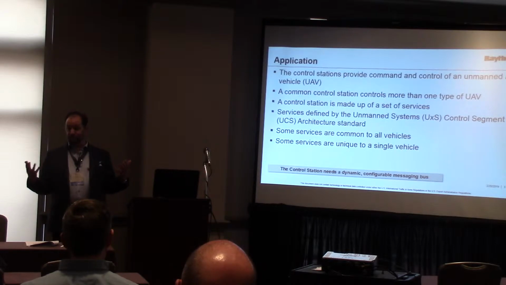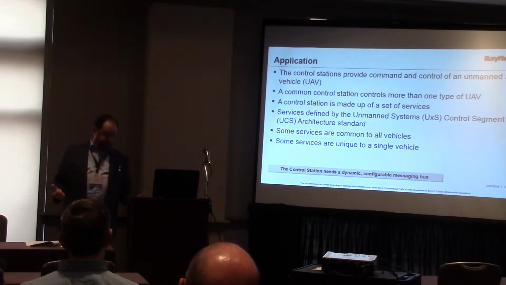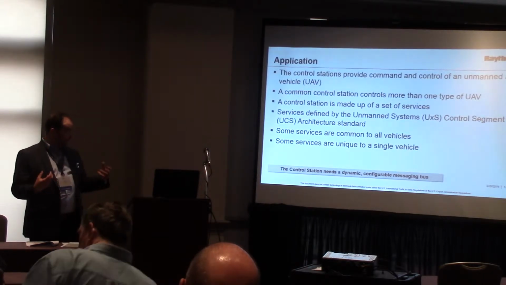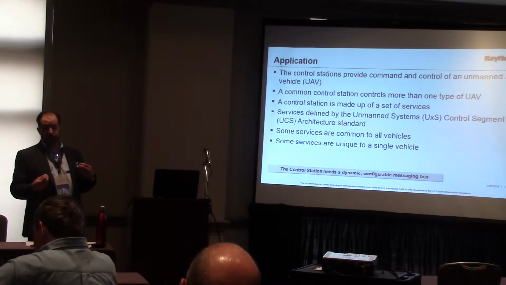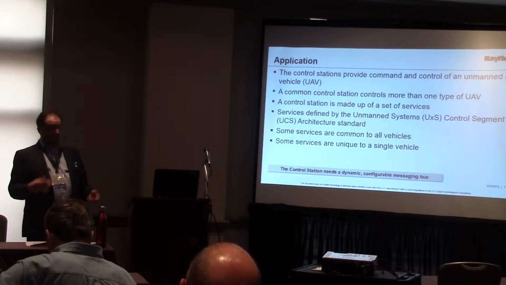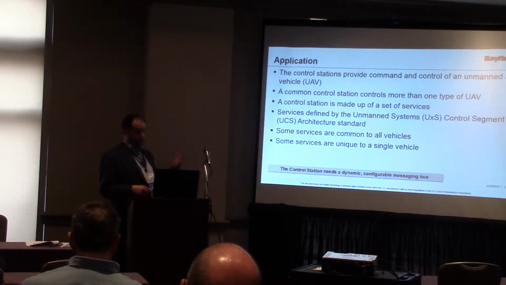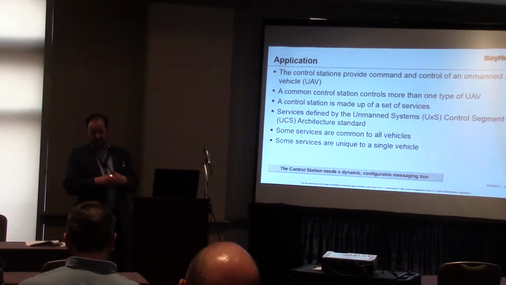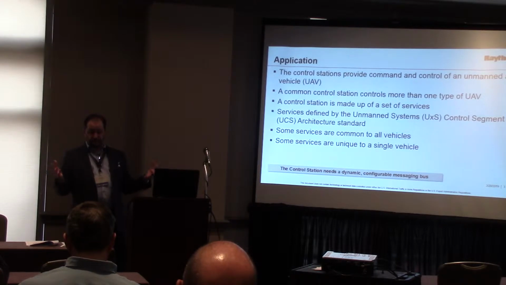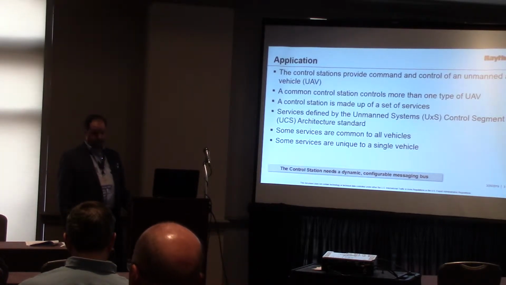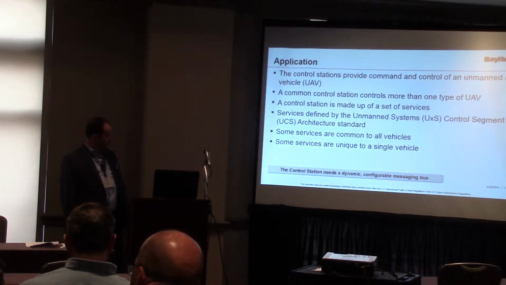They're trying to resolve that, but there's still a lot of variability between the various standards. So some of the services are common, and some vehicles use all of them, and then we have others that are unique, and it just depends.